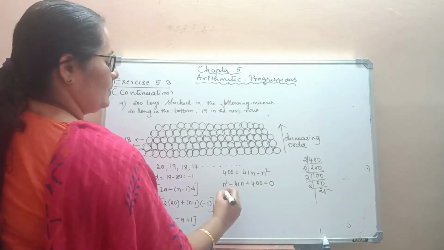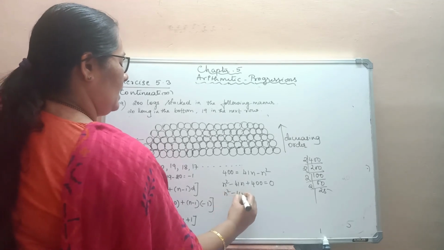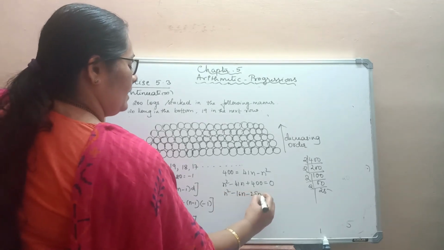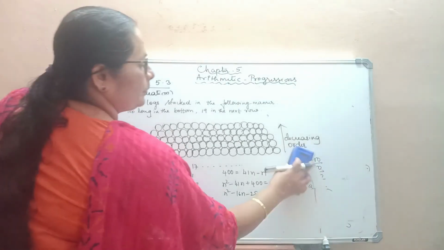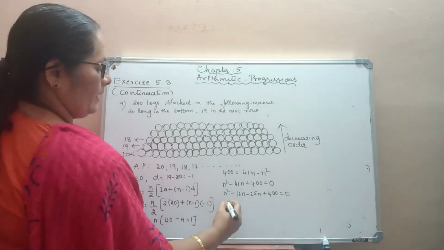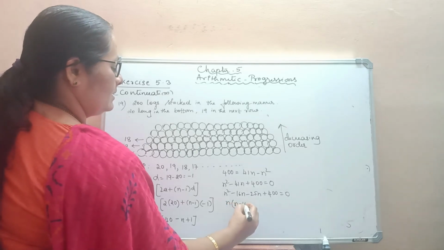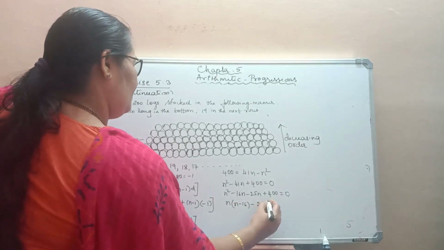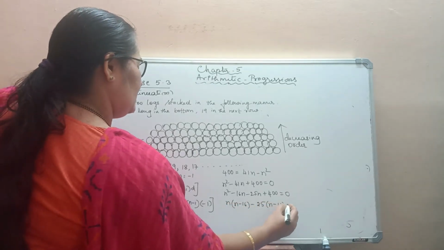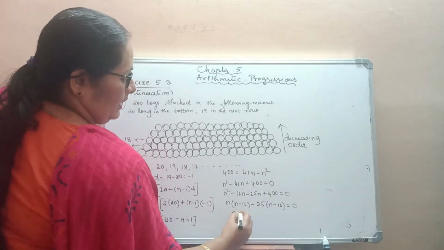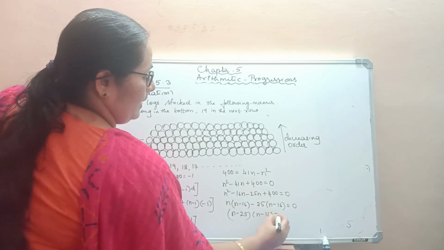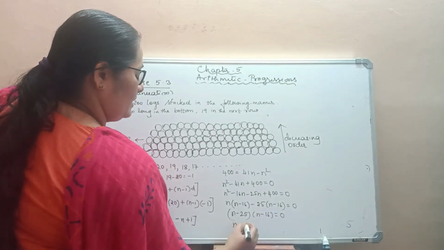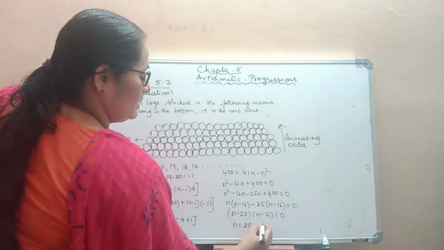So you can split it as n square minus 16n minus 25n plus 400 equals 0. Now factorize: n minus 16, minus 25 into n minus 16 equals 0. So n minus 25 and n minus 16 are the two factors. So the n value is 25 or 16.